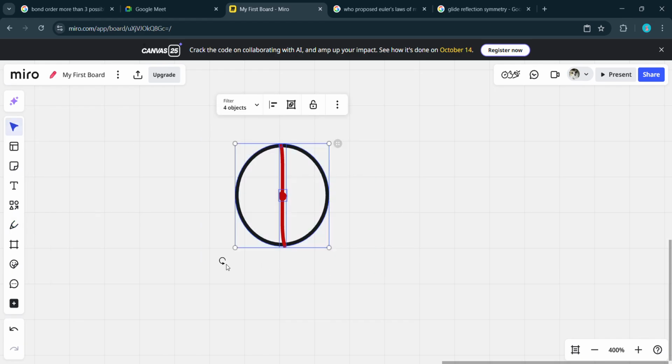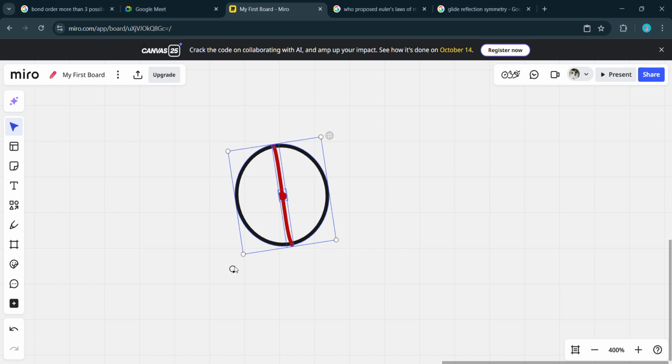So see this, ignore the lines. I'm moving a little bit, a little bit, a little bit. Just focus on the circle, not on the line or the hitboxes or whatever they are called.